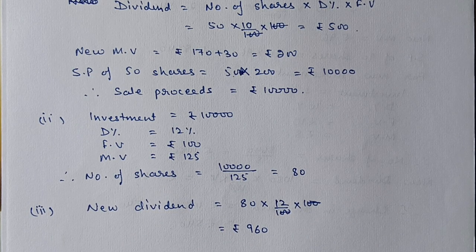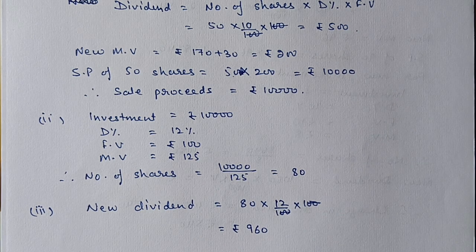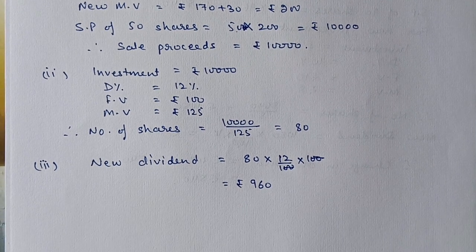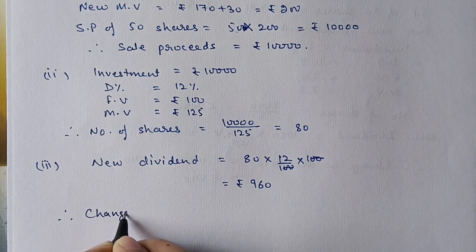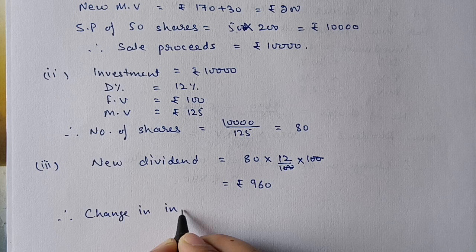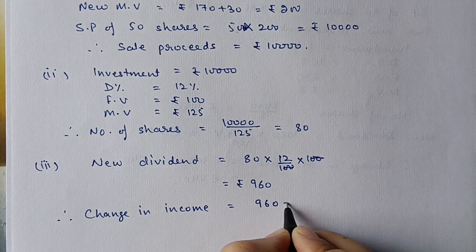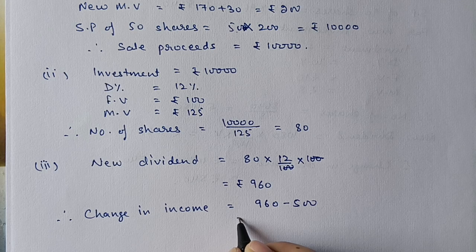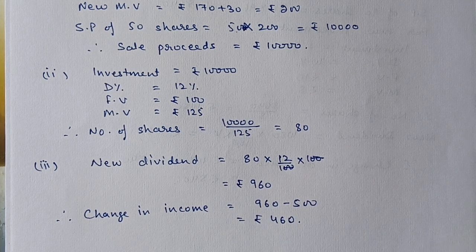Earlier we were getting 500 rupees as dividend. Now we are getting 960 rupees as dividend. So therefore the change in income is equal to new dividend minus old dividend. So 460 rupees change is there in dividend.